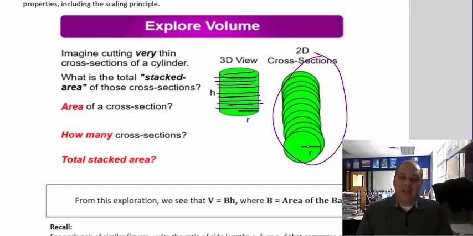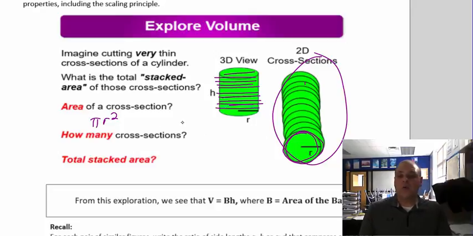Basically, if you take the area of each of these two-dimensional cross sections, you get the volume if you add all those up. So the area of one cross section, and you know the area of a circle, because each cross section is a circle, it's going to be pi r squared. So the area of each of these circles is pi r squared.